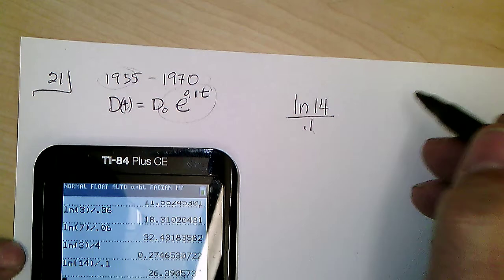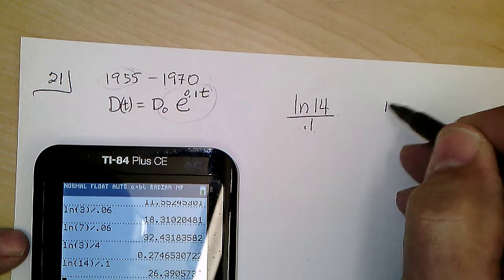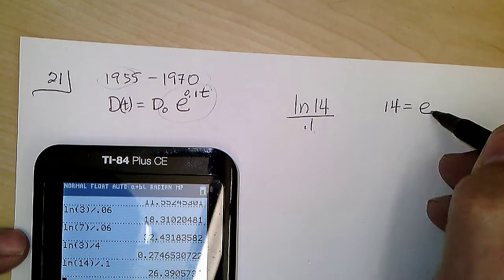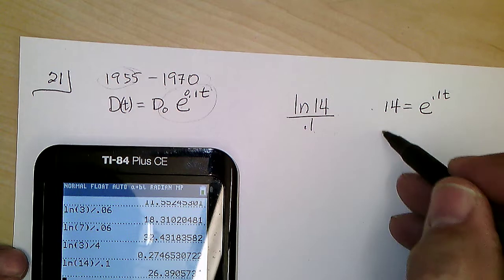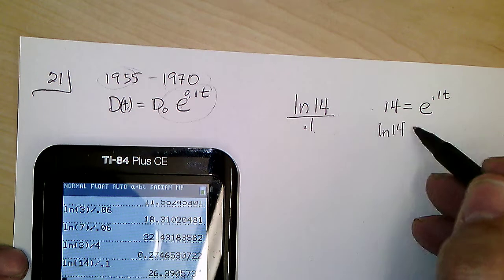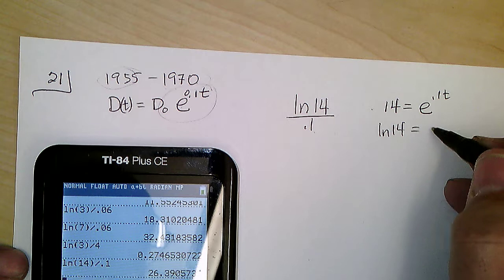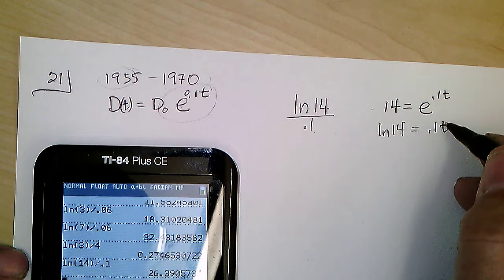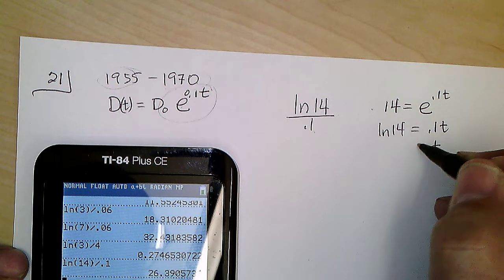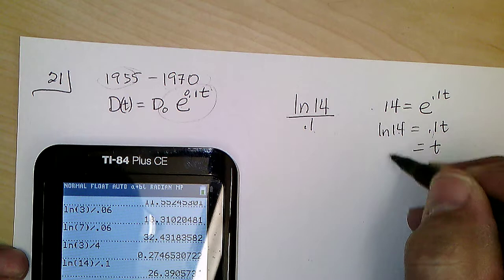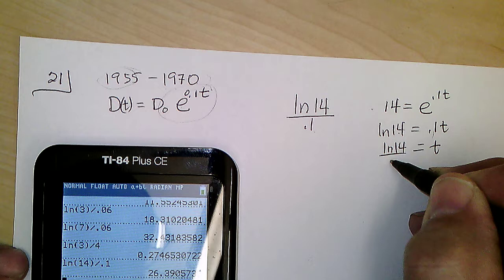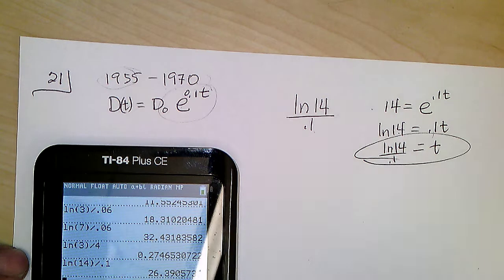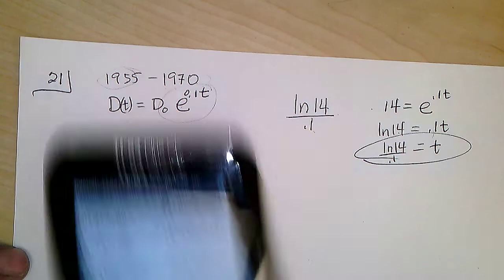Once again, to see how that is, 14 has to be e to the 0.1 t. And so if you take the log, we get ln of 14 equals 0.1 t, and then you solve for the time that it takes to get to 14 by dividing both sides by 0.1. And that's how we get that time to be 14 times as much.